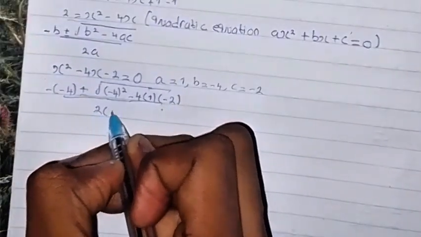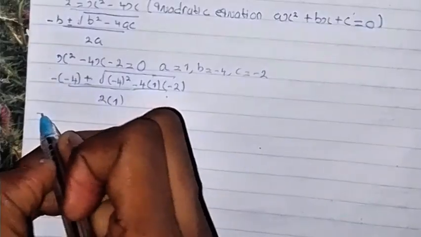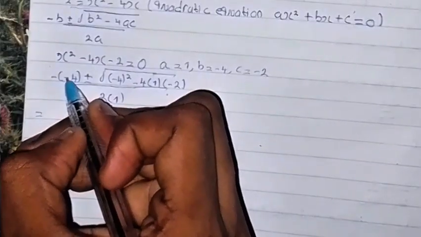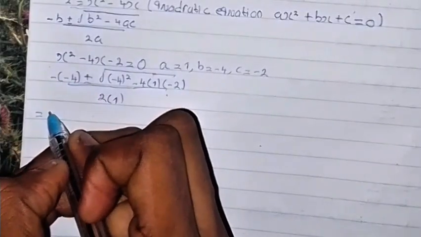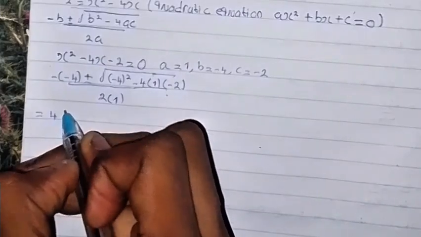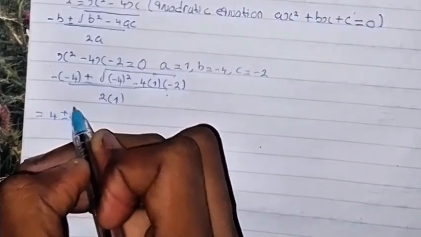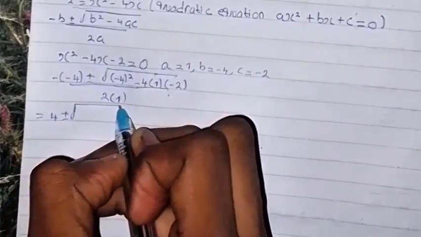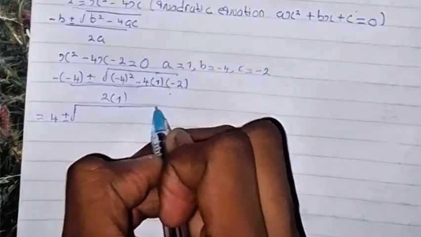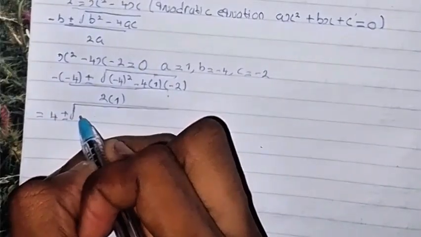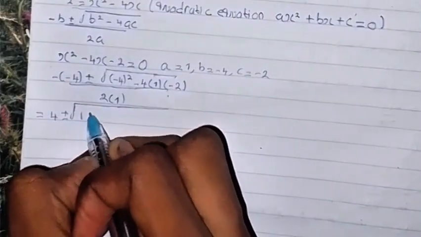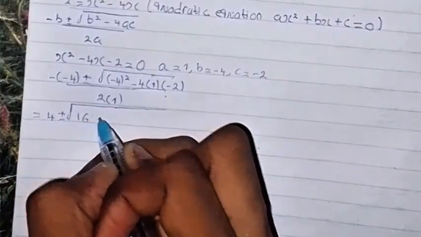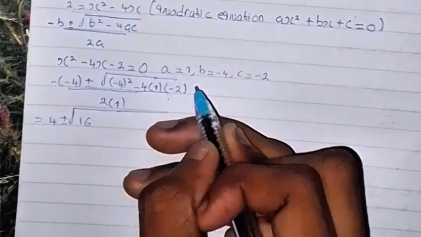2 multiplied by 1. So this is equivalent to minus multiplied by minus gives us plus. That's positive, which is now 4, plus or minus square root of minus 4 all squared is the same thing as 16. That's positive 16. We have 16 minus 4 times 1 times minus 2.